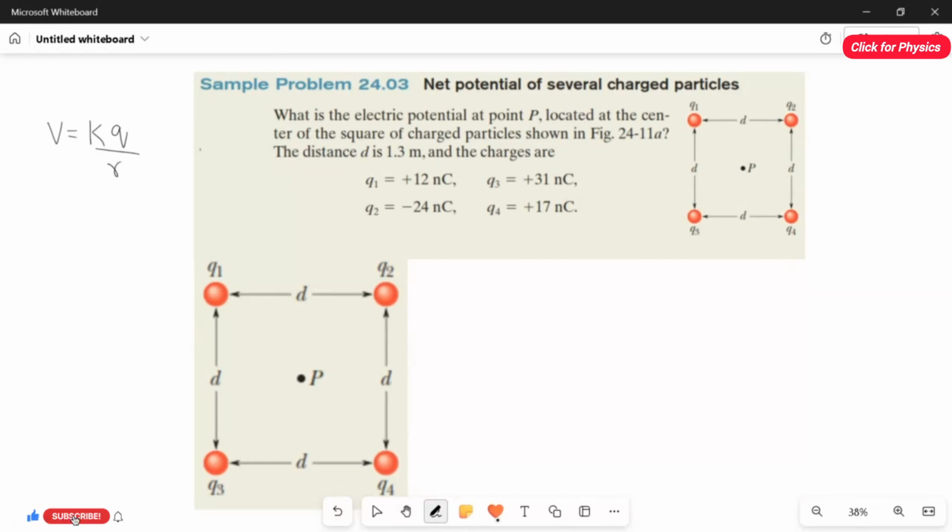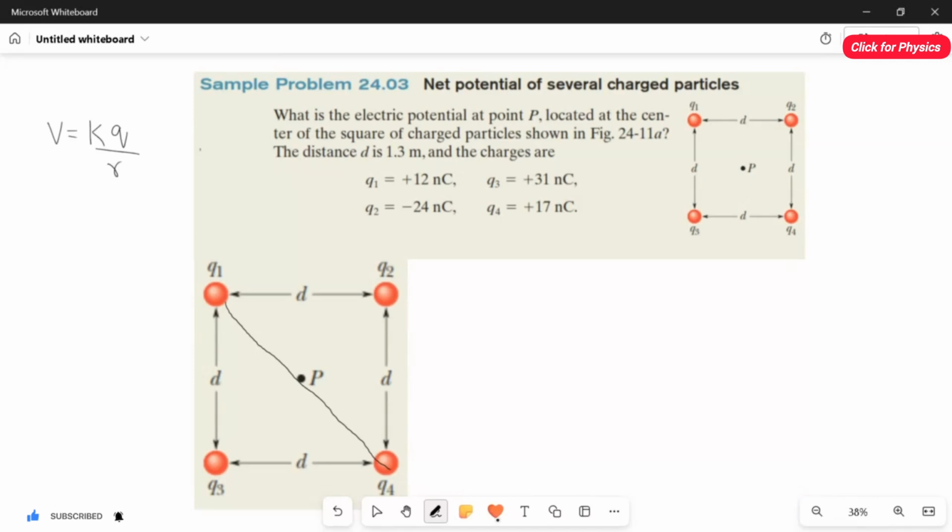What is the R? So here you can see this diagram. In a square, all sides are equal and the diagonals are equal. If you see the diagonal, it will be passing through this point P. So in this square, we have two right angle triangles. You can consider any one of the triangles.